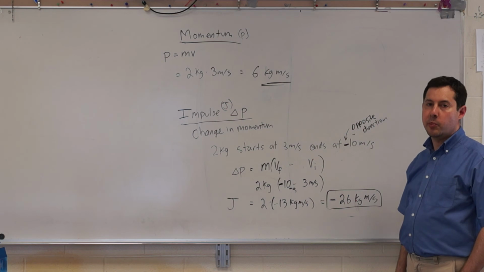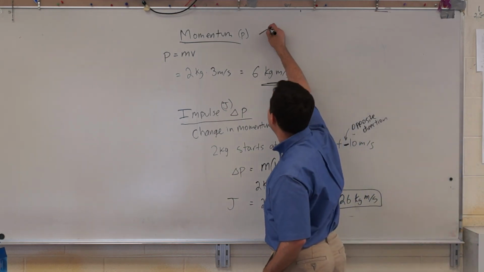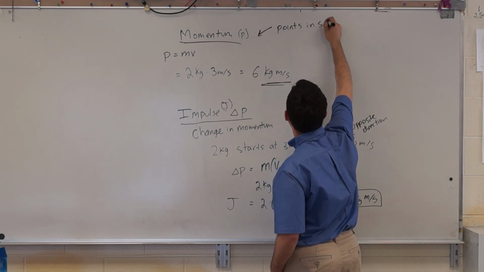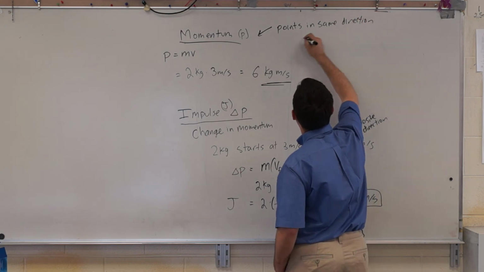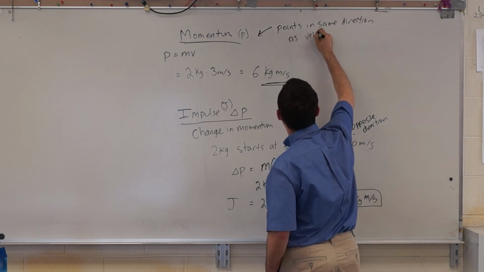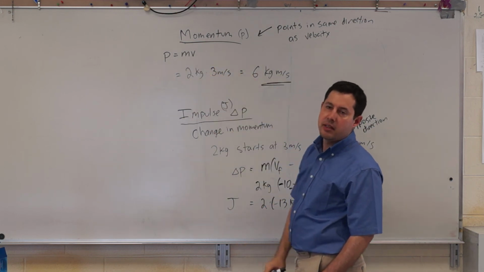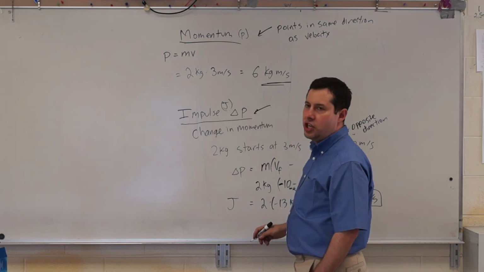Keep in mind, these are both vectors, but they point sometimes in different directions. Momentum points in the same direction as your velocity. Whatever direction you're moving is the direction of momentum. Impulse is the change in momentum.